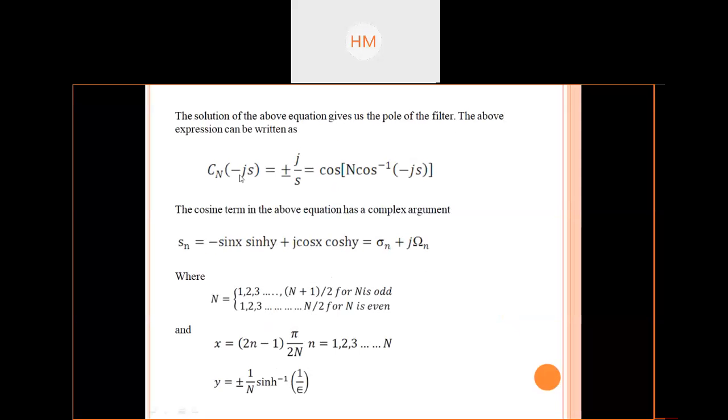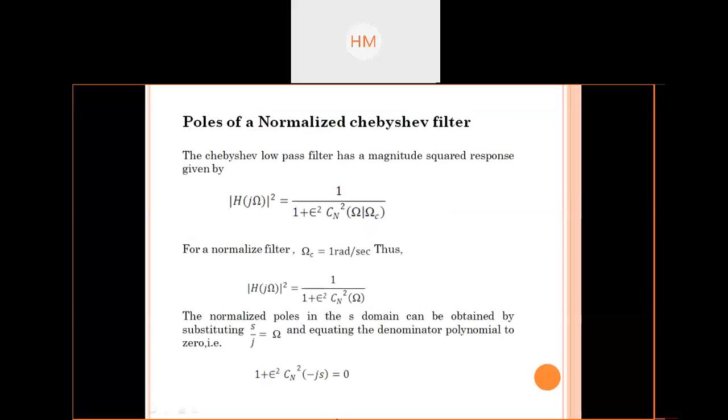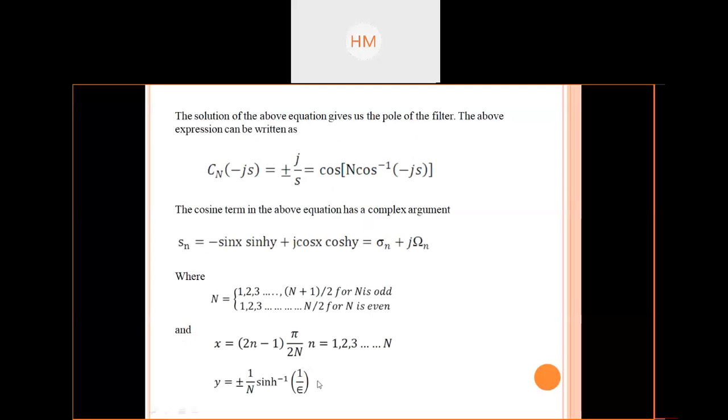The above expression can be written as Cn of minus js is equal to plus minus j upon s, cos n times cos inverse of minus js. This equation is simplified and written as this. This is the solution to the above expression.